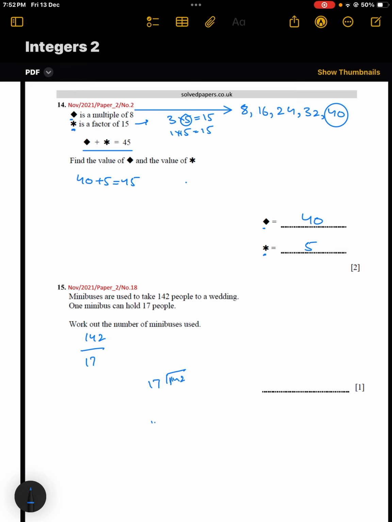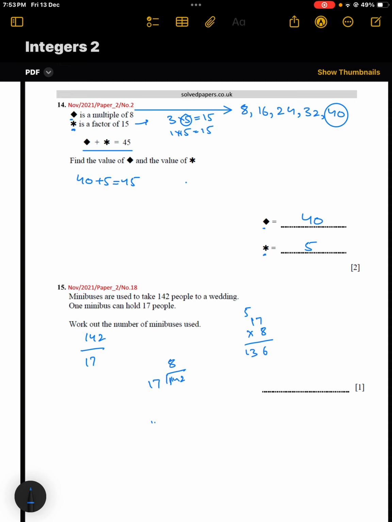So it will be 17 times, let's do for 8. 17 times 8 will be, 8 times 7 is 56, and 8 times 1 is 8, and that above 5 will be 13. So that means 136. Let me confirm once by using calculator. Yes, it's 136.